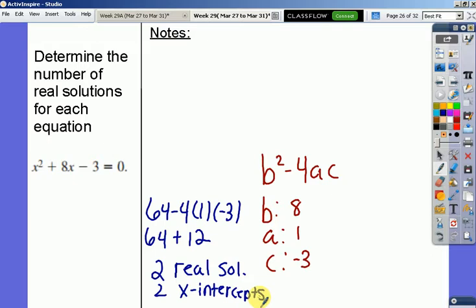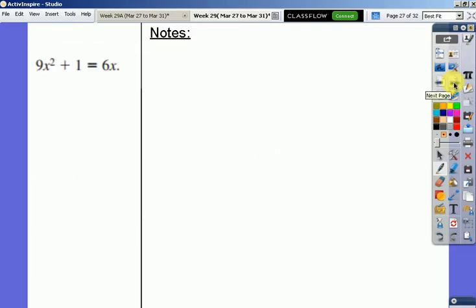Understand that? Okay. Okay. What do I have to do first? Yes, set it equal to 0 first. 9x squared minus 6x. Put it in standard form, of course. Minus 6x plus 1 equals 0.